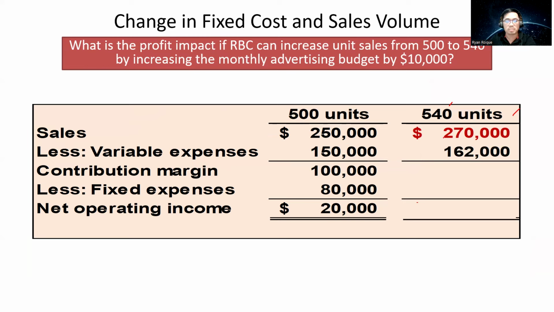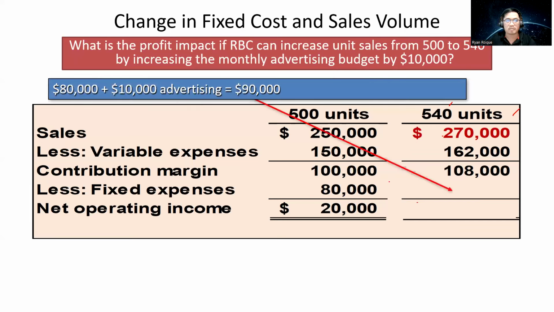And then your contribution margin is 270 minus 162. That's 108,000. But for your fixed expenses, remember, there is an increase of 10,000 in your advertising expense. So therefore, that should be 90,000 now. So the net operating income is now $18,000.